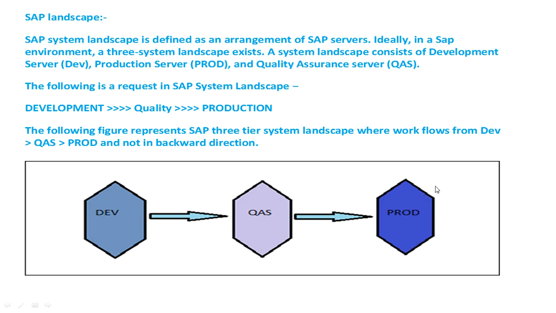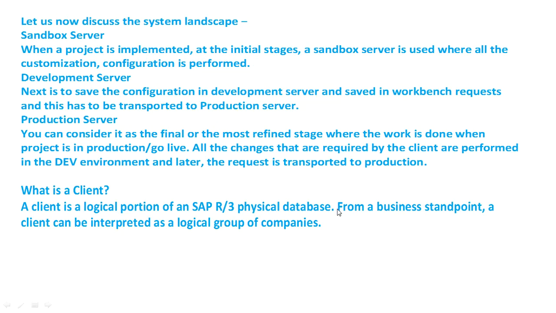Once this production server is there, then the development and quality servers are normally locked. Whenever there is any fresh business requirement, fresh customization, then only the development and quality servers are opened and fresh customization is done, again tested, again transferred to production. So this is your system landscape.